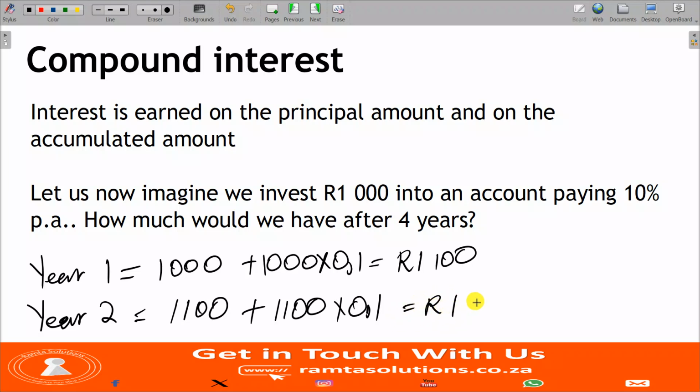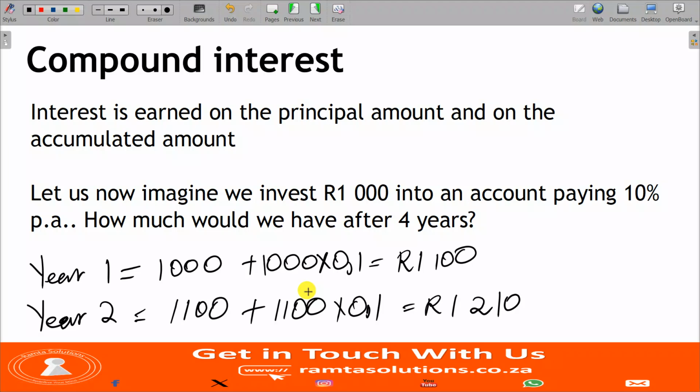You guys have calculators, please confirm. 1,210, right? Whenever you multiply by 10%, you just move the decimal one place to the left, and then you have your answer. So at the end of year 2, you have 1,210 rands.